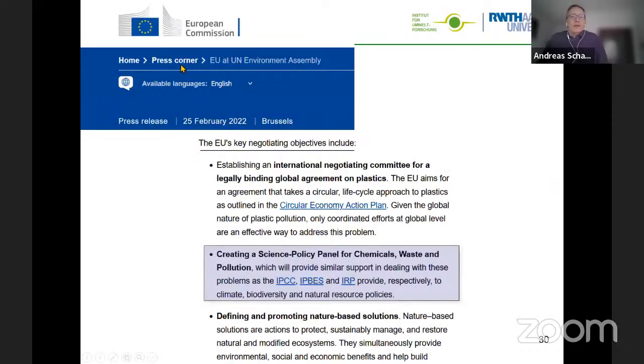And I read in the European Commission press release of February 2022 that, besides other activities, also creating a science policy panel for chemicals, waste, and pollution, which will provide similar support in dealing with these problems as the IPCC, IPBES, or IRP provide prospectively to climate, biodiversity, and natural resource policies. So we are quite confident that by the end of 2024, such a panel could be established.